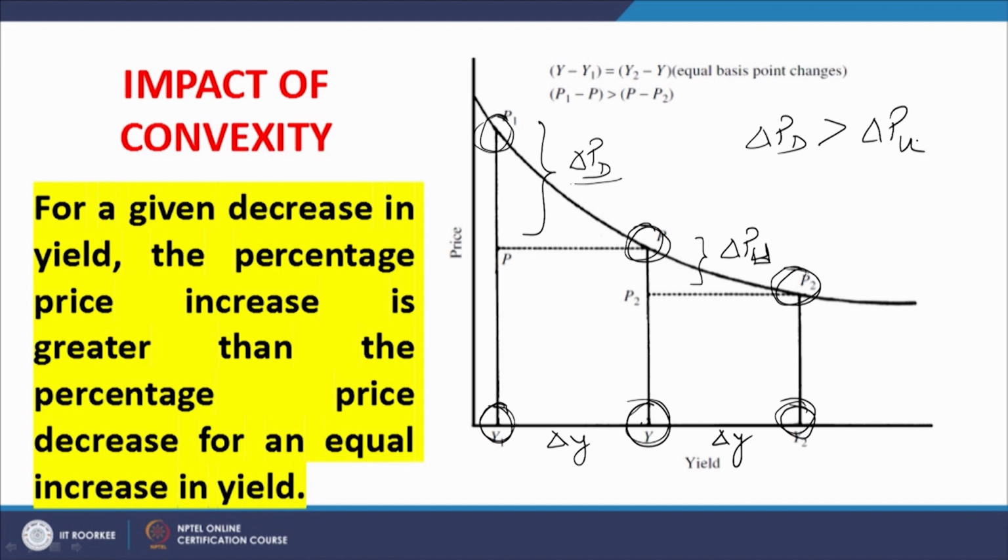So, the outcome of convexity is that for a given decrease in yield, the percentage price increase is greater than the percentage price decrease for an equal increase in yield. That is what the impact of convexity gives us.